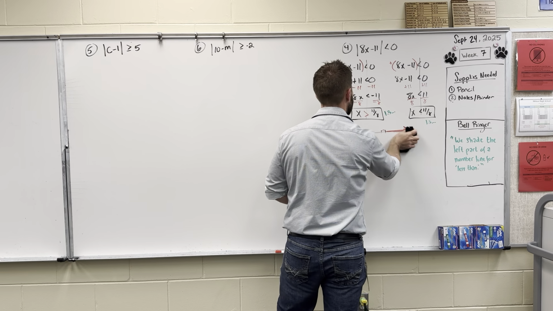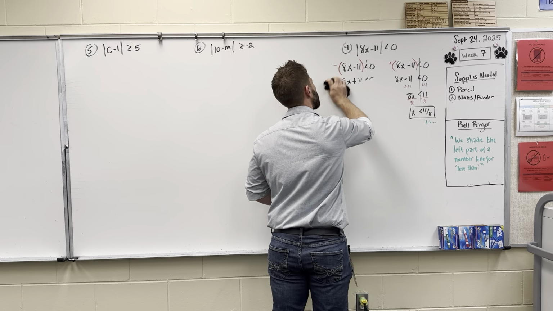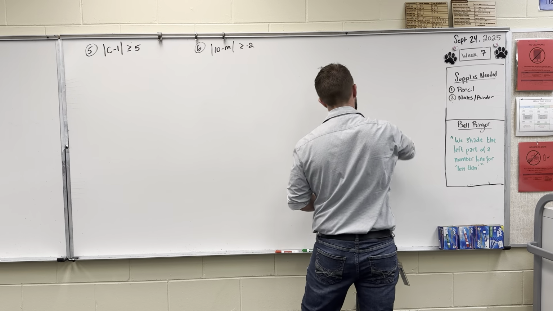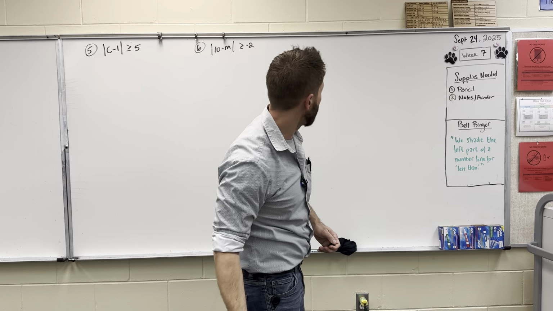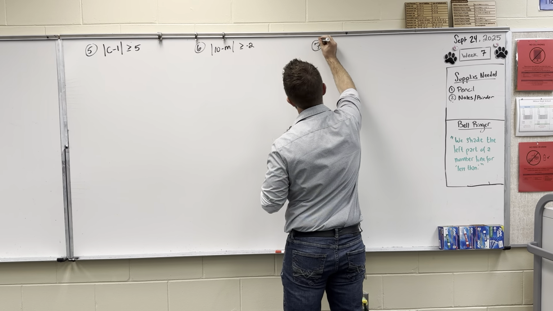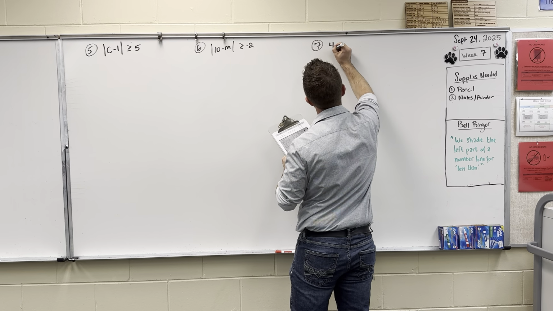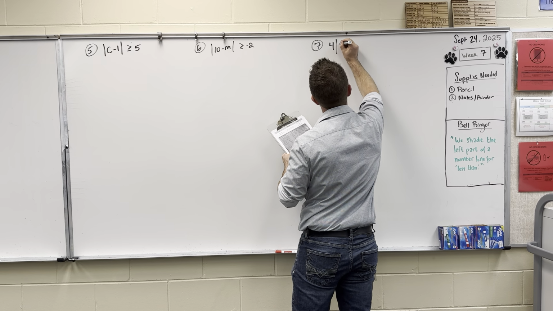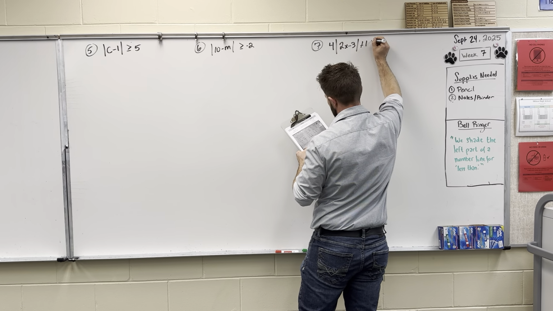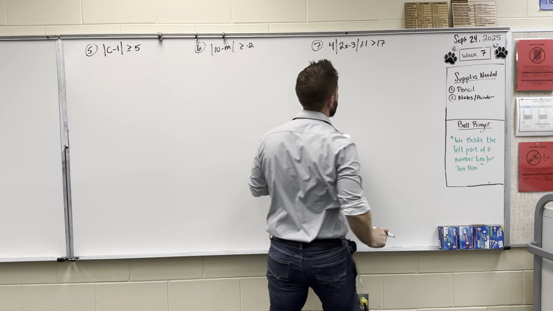I think you guys got it. The last one, number 7, is 4 times the absolute value of 2x minus 3, plus 1, is greater than 17.